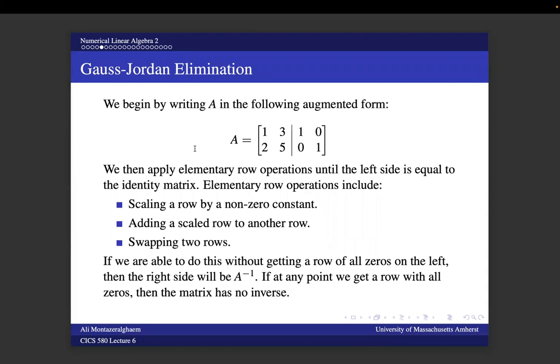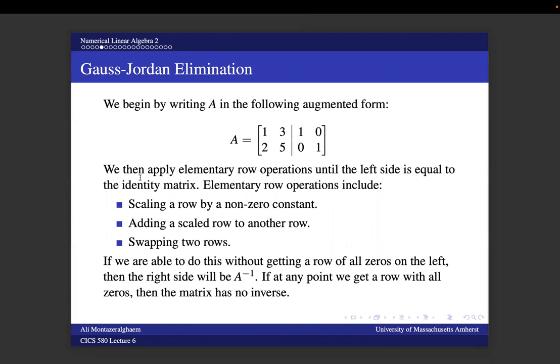So in this algorithm, at first, we need another form of the matrix A, which is the augmented form. In the augmented form, we have the original version of A, and then we concatenate A with the identity matrix with the same size as A.